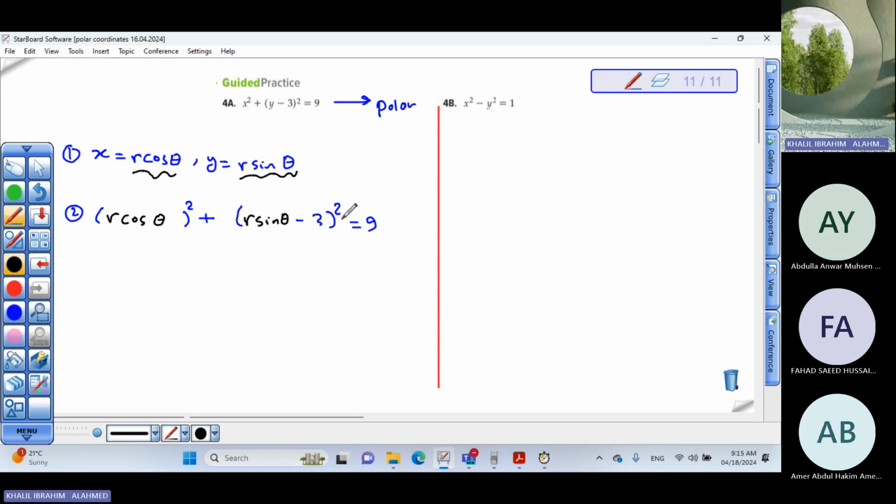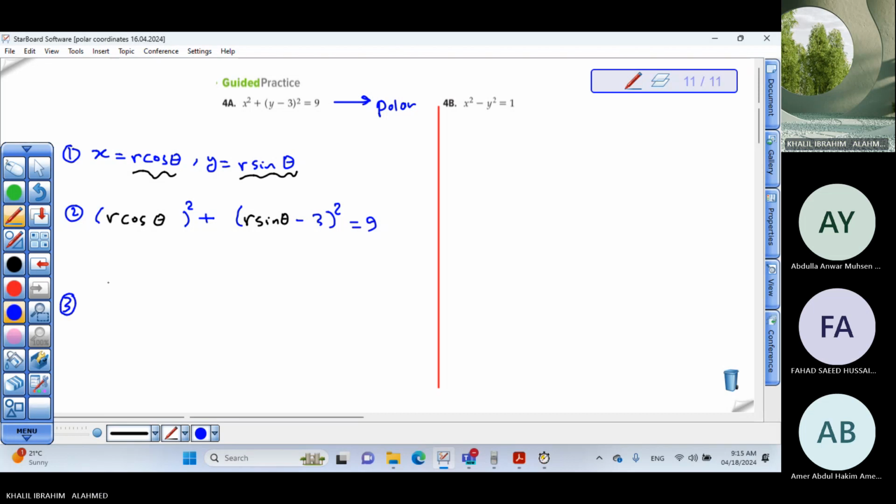Everything is ready now. This is now the polar equation, but before it was a rectangular equation. Maybe you should simplify this equation to get a famous formula.